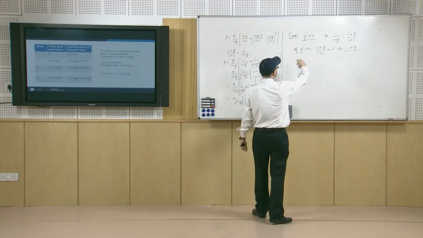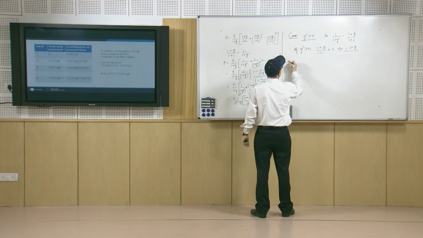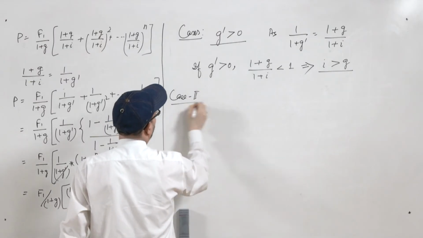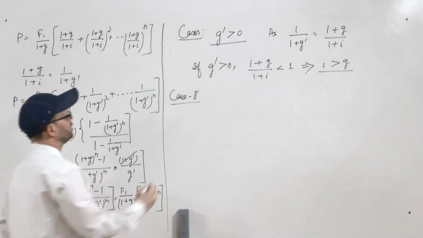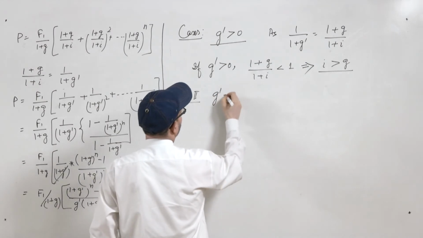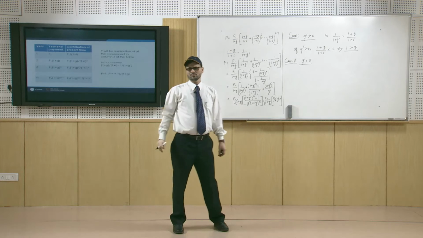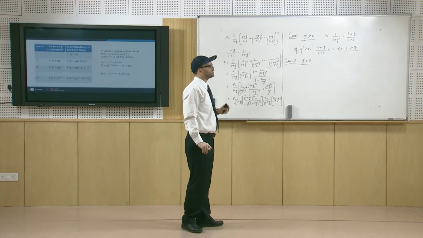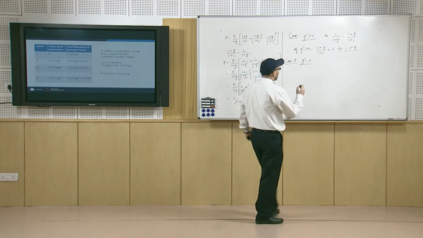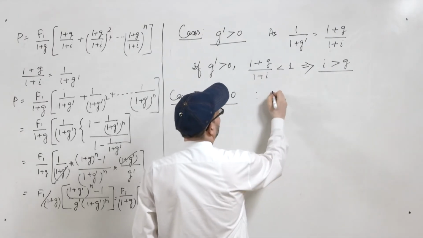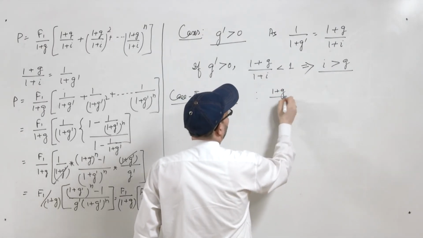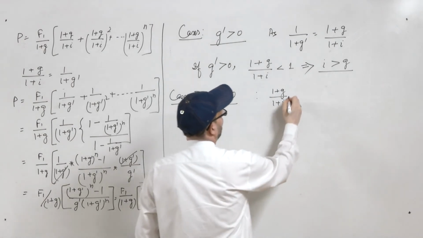Second case will be g prime equal to 0. When this g prime is equal to 0, in that case (1 plus g) by (1 plus i) will be 1.